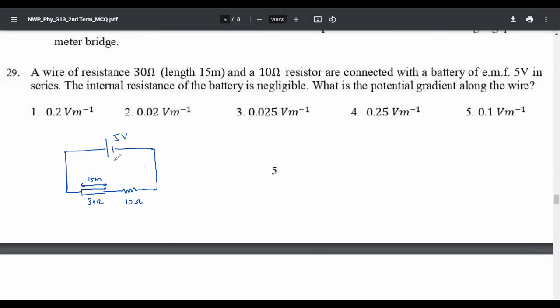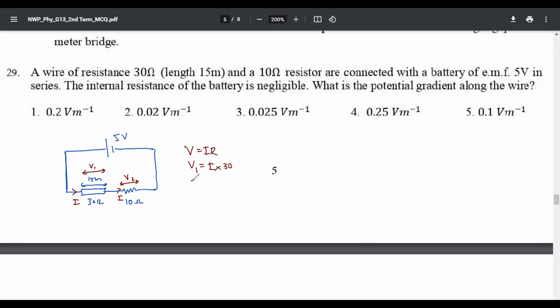Now this is 5 volt, 30 ohm and 10 ohm here, and that 5 volt will be separated across these two. If you take the voltages as V1 and V2, current is I. So when you say V equal IR, voltage across this is V1 equal to I into 30.